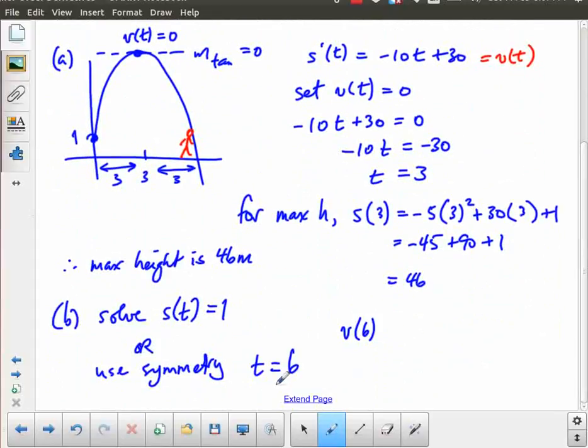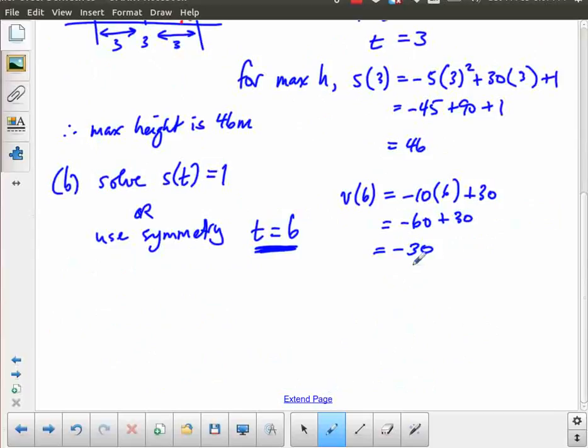So if it's caught at t equals 6, then v of 6, we go back to our s prime, which is negative 10 times 6 plus 30, which is equal to negative 60 plus 30, which is equal to negative 30. Notice that I'm not working with any units here. My units are all consistent. I've checked that. I know that.